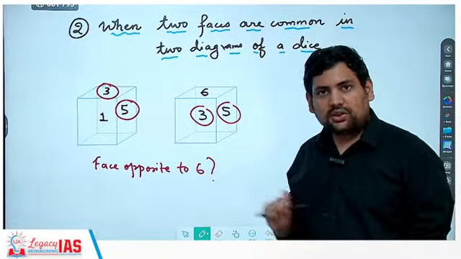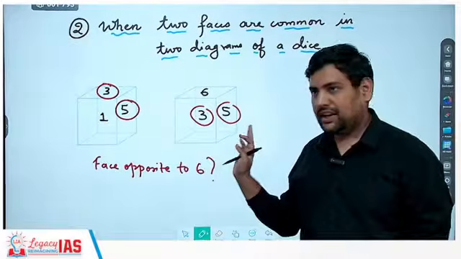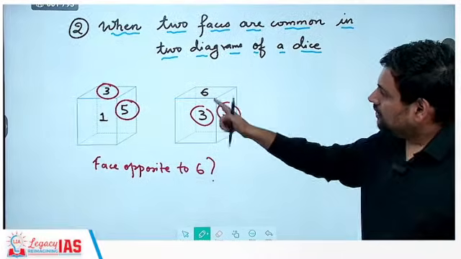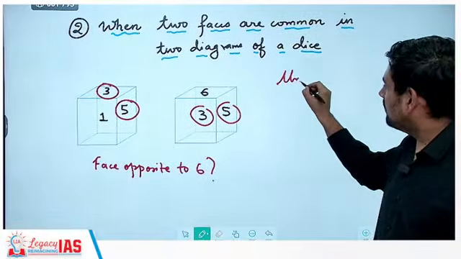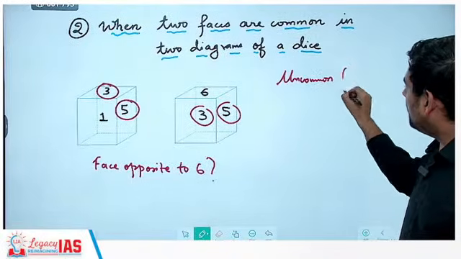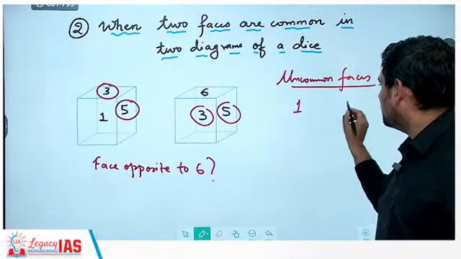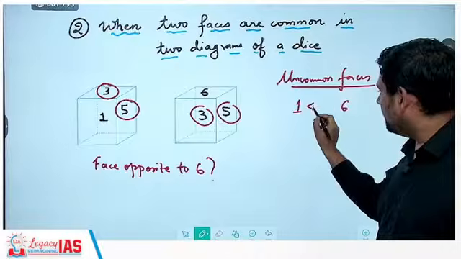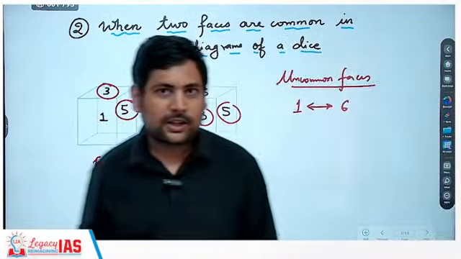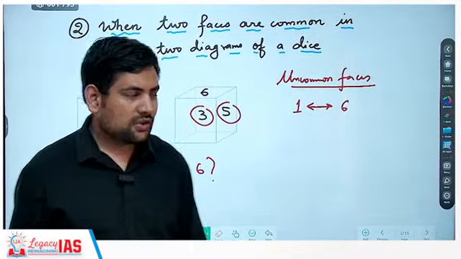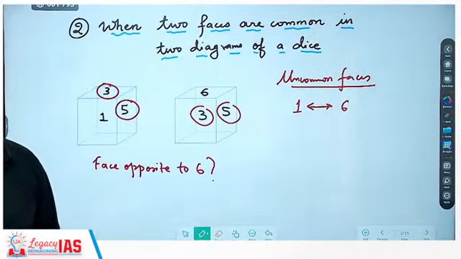Now in questions like these, from this diagram you can only tell one thing with confirmation: whatever are the uncommon faces, for example 1 here and 6 in this diagram, they will be opposite to each other. That is the only pair you can tell definitely. Otherwise, you cannot tell anything else from this.